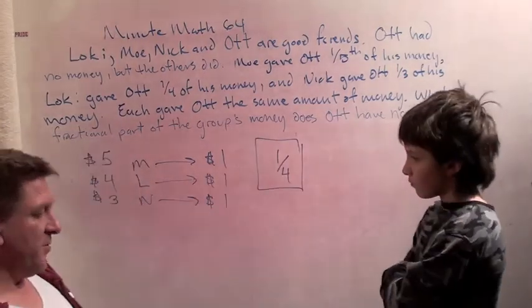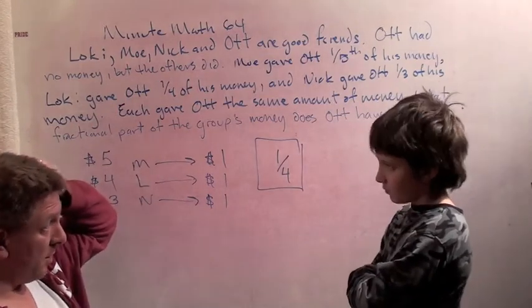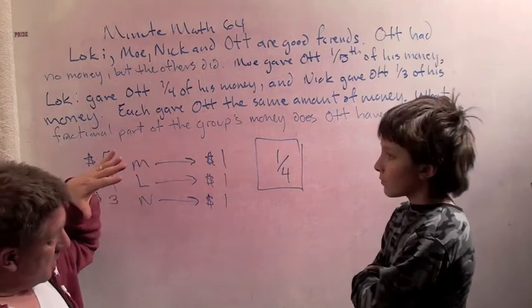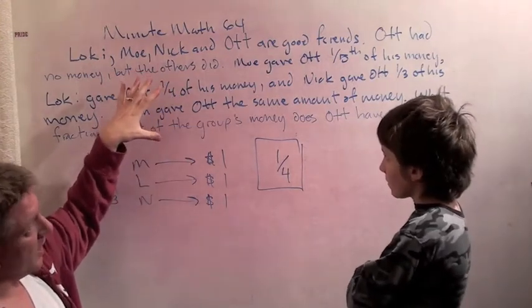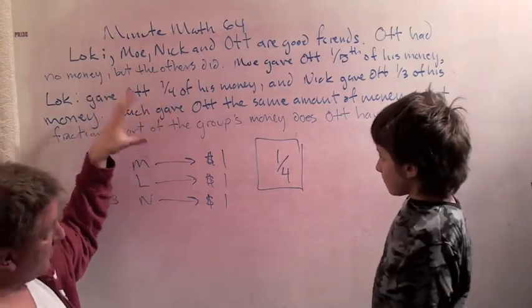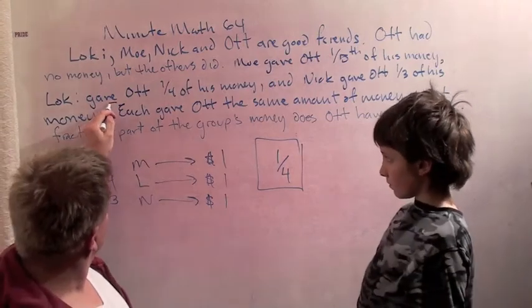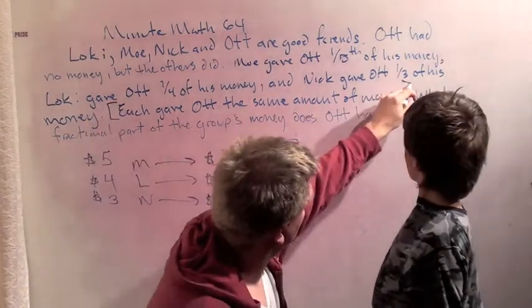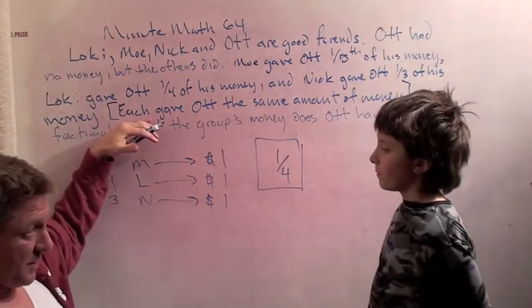Okay. So interesting lesson here on this problem. By the way, only about 30% of the people got this one right. So this is a hard problem. But a very easy way to think about it: there are so many things you don't know here. How much does each person have? How much does the group have? How much does Ott have at the end? But this idea right here is really important because that's what ties everything together.